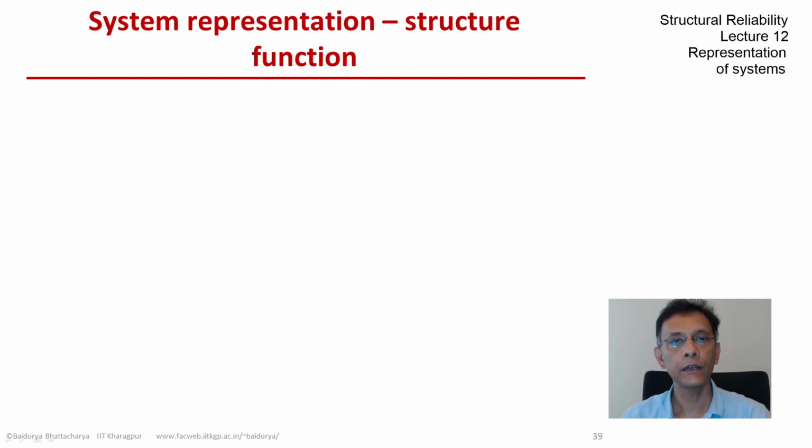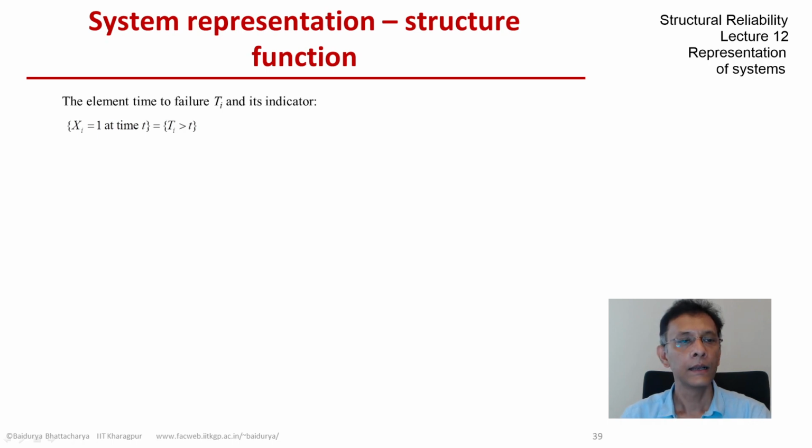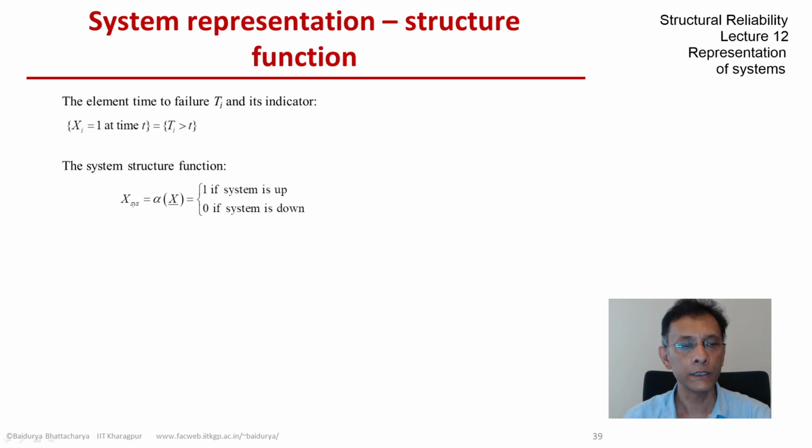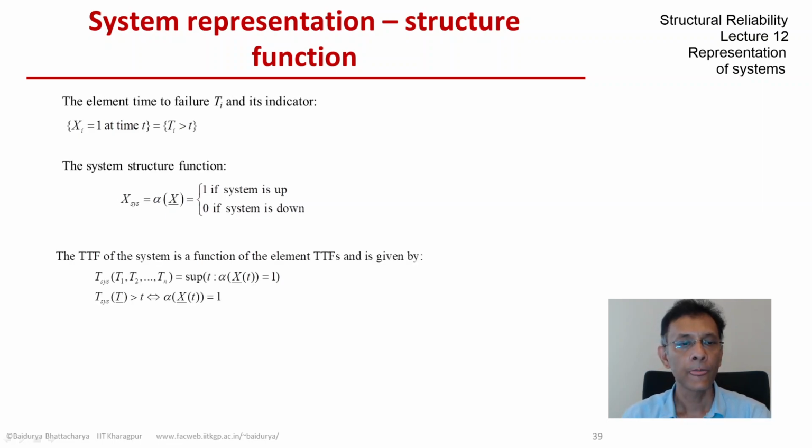Just as we were able to relate the state of the system to its time to failure, in terms of xi being equal to 1, its state at time t, being equivalent to saying that the time to failure of element i is greater than small t, we can do a similar thing for the system through its structure function.